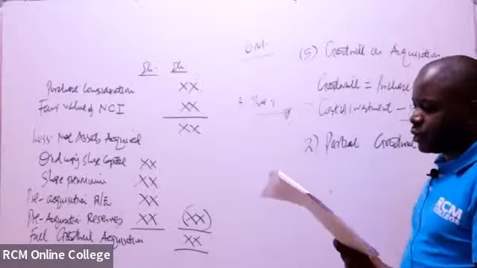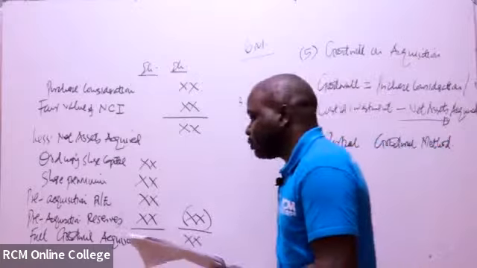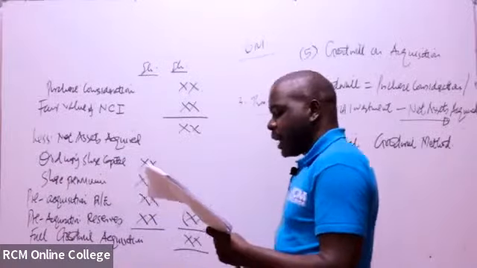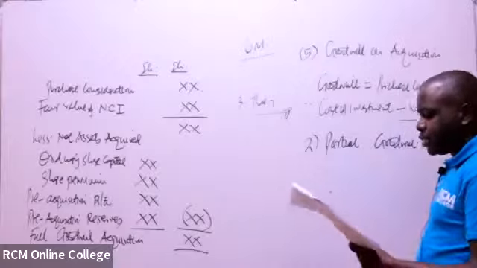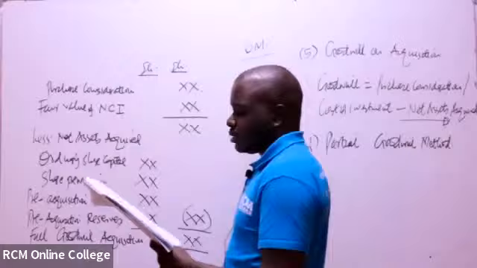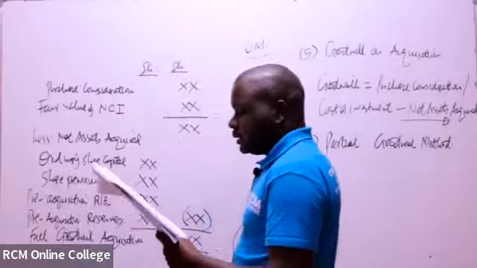Now you need to get used to calling it just NCI. The NCI is measured at their proportionate share of the fair value of the subsidiary's net assets.